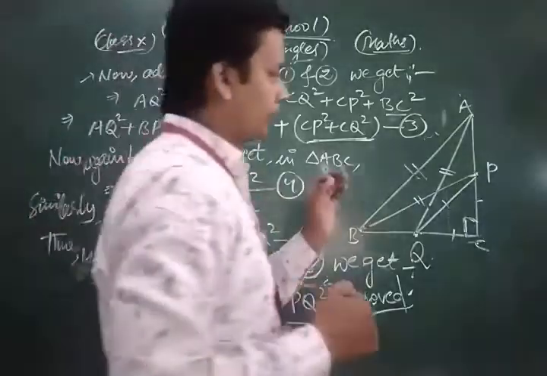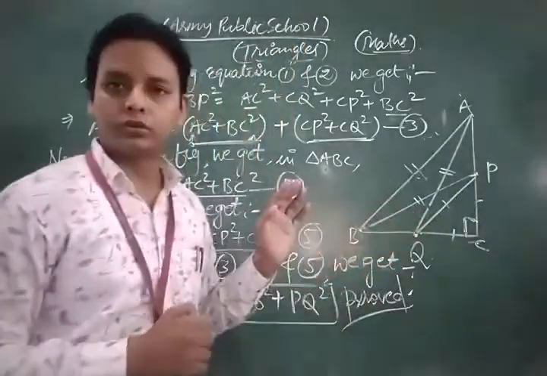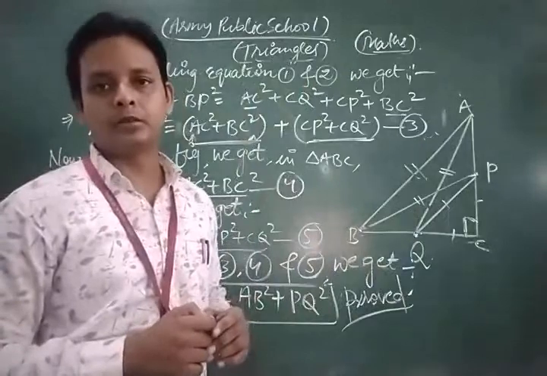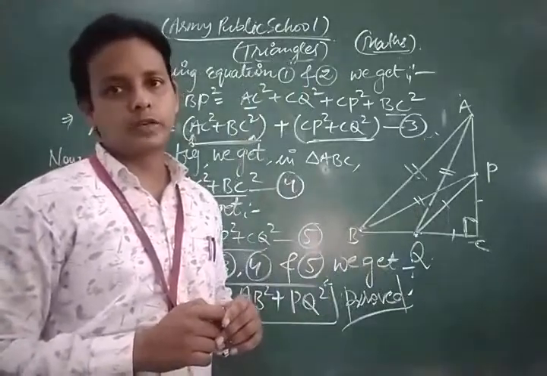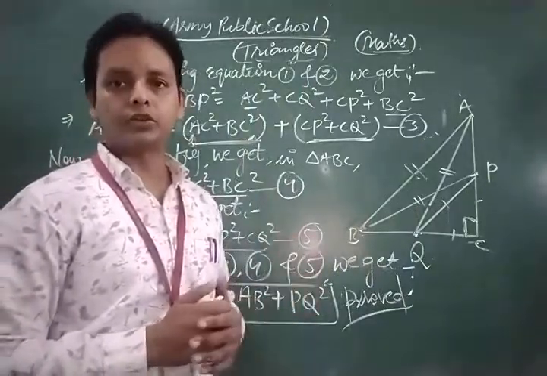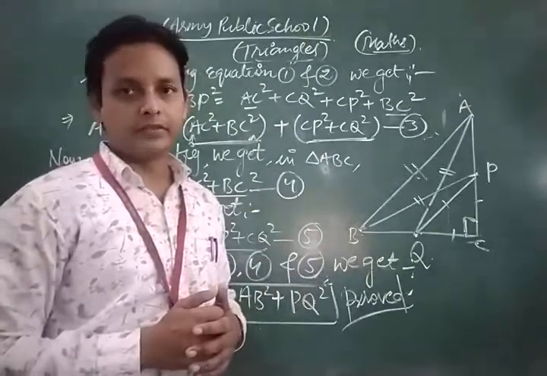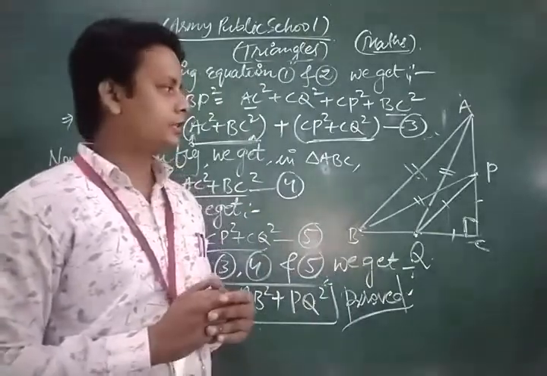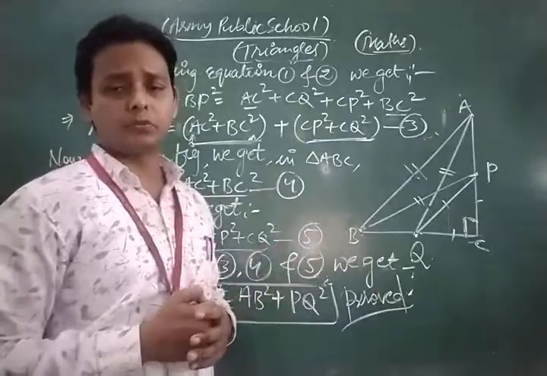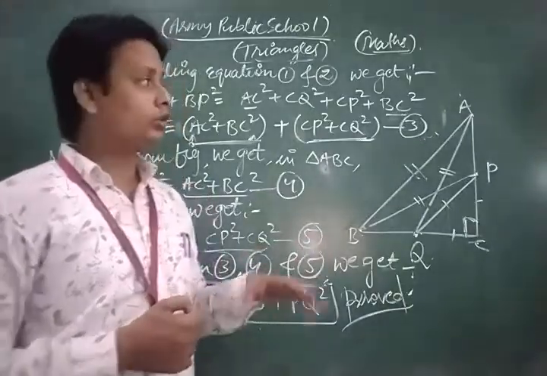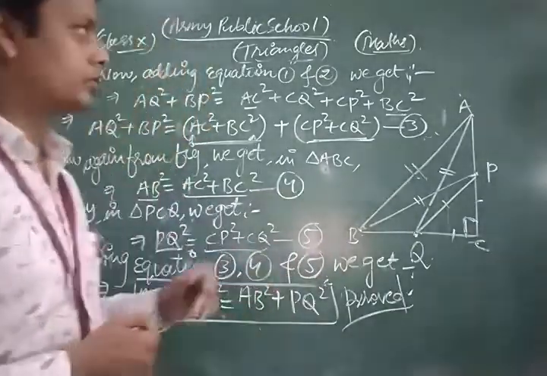Listen, this is a very important question of your syllabus. So please, dear students, do more and more practice, and after that you can solve each and every question of your NCERT exercise based on these topics. Okay, now let's look once more. What is the process?